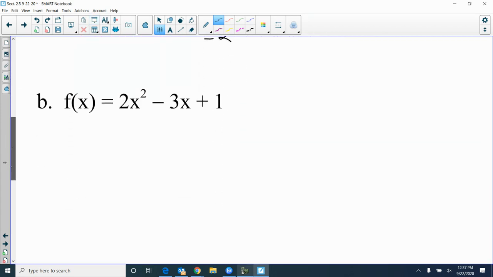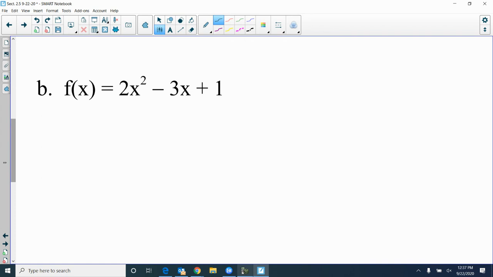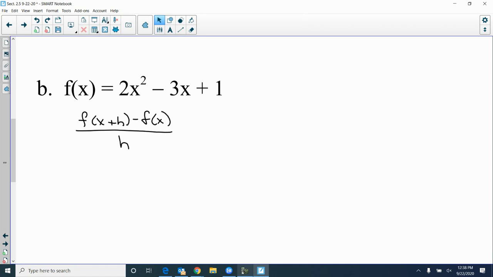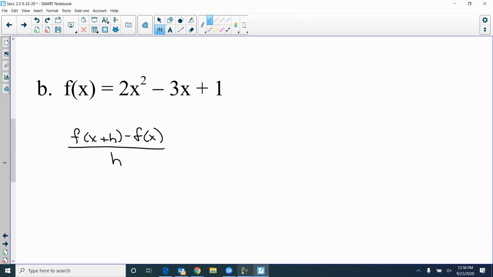All right, we have to get through this last one. Copy that down. This one has a little bit more substance to it, I guess. We're still finding the difference quotient, which is f of x plus h minus f of x all over h. I don't want to go too fast.